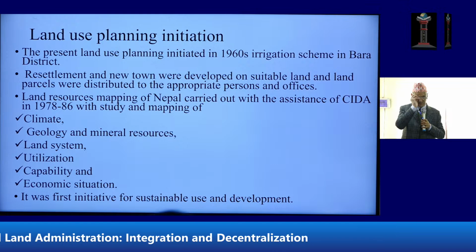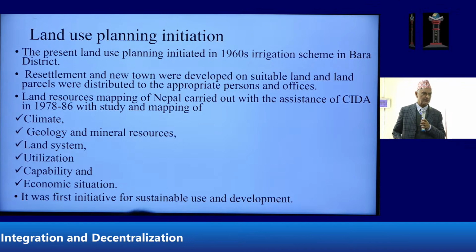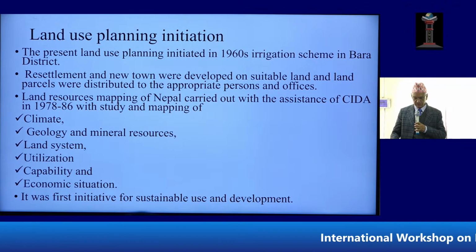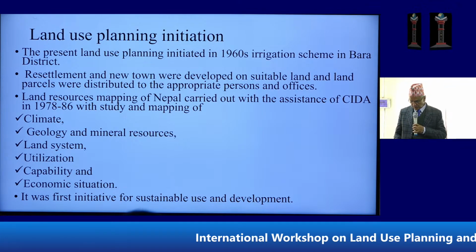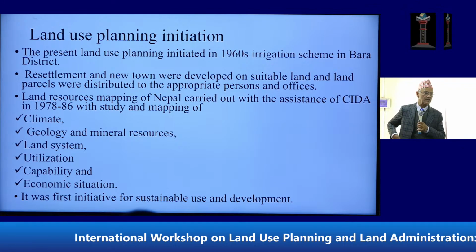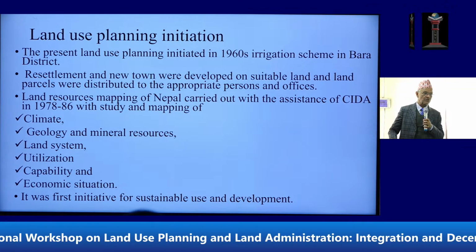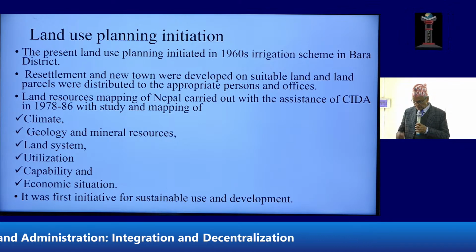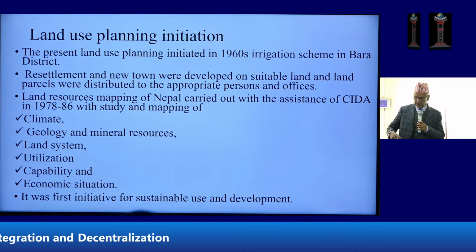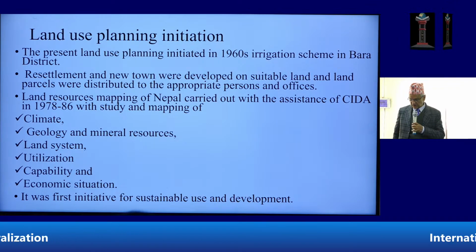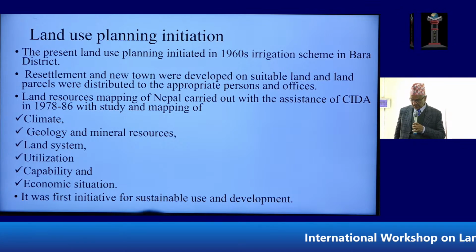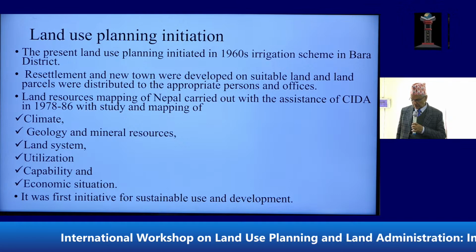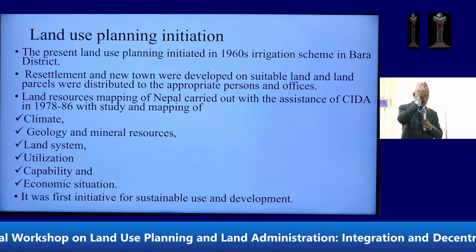If it is good land but there is no good technology, then production is not good. So we wanted to know the quality of the land, and also study the economic situation of the whole country. The main purpose was to know the situation of Nepal, and then how to develop sustainable use and development.